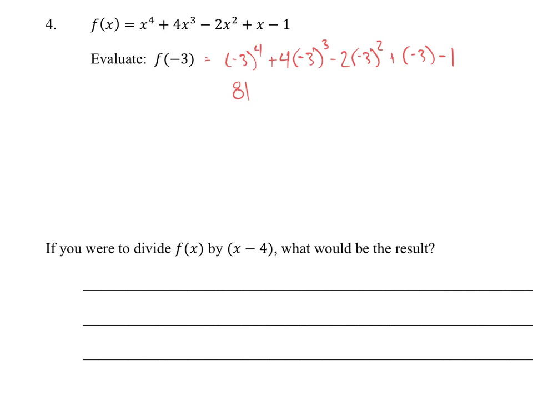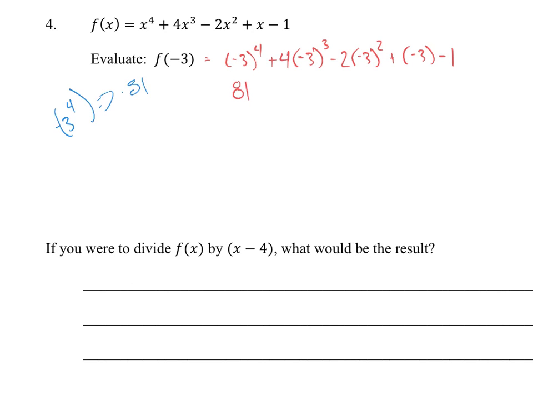They would put it into their calculator as -3 to the 4th power. And the way your calculator reads that is that it's going to do 3 to the 4th, and then it's going to tack the negative on the end. So if you put this into your calculator, you'll get -81, which is incorrect. So you have to make sure that if you put it into your calculator, you put it in just like this, so that your calculator will include the negative as it's raising it to the 4th power.